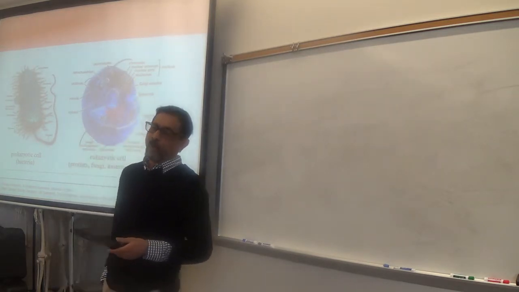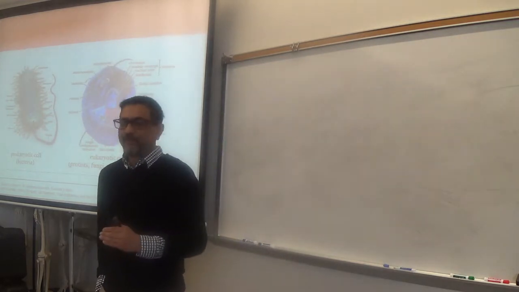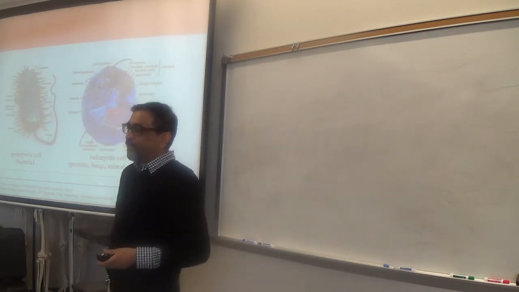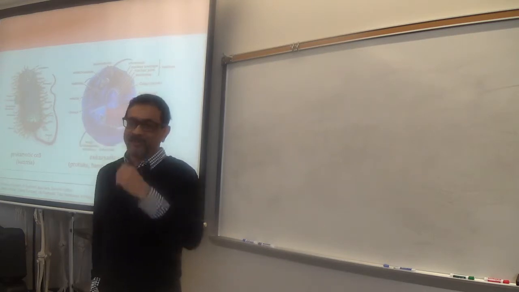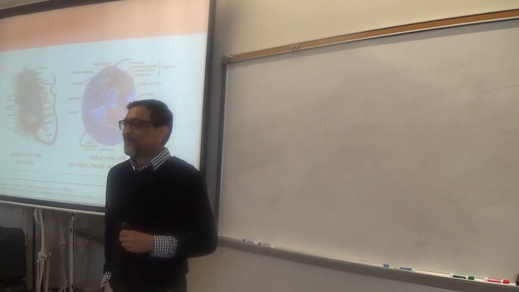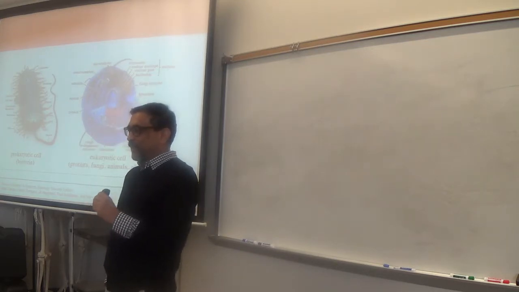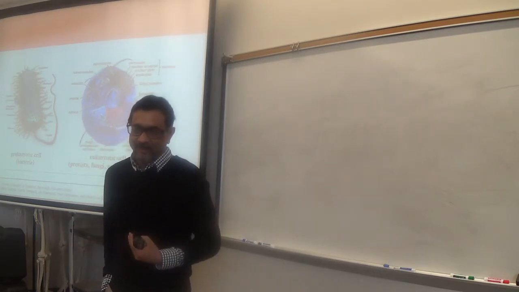Inside the human body, this is a surprising fact, we have more bacteria than our own body cells. The number of bacteria inside the body is more than our own body cells.